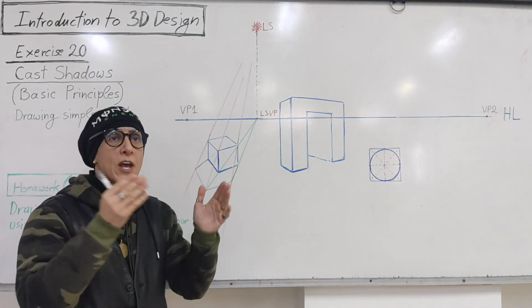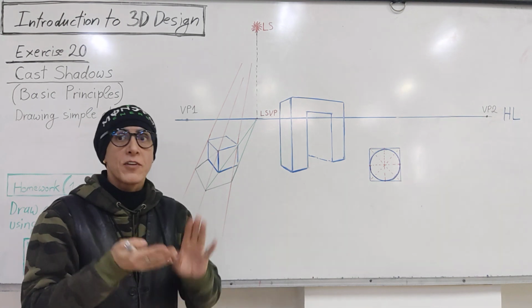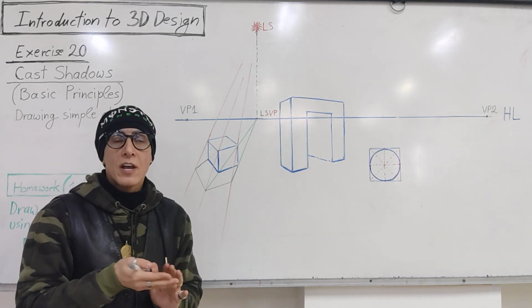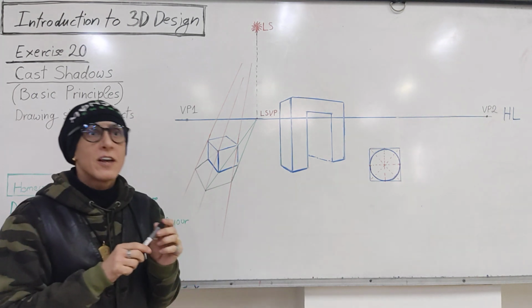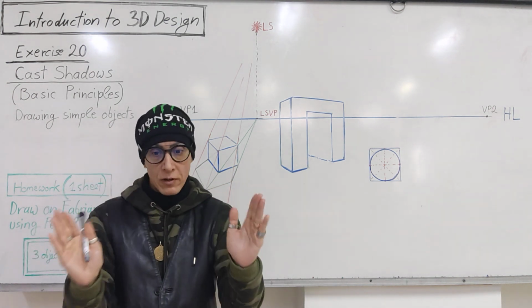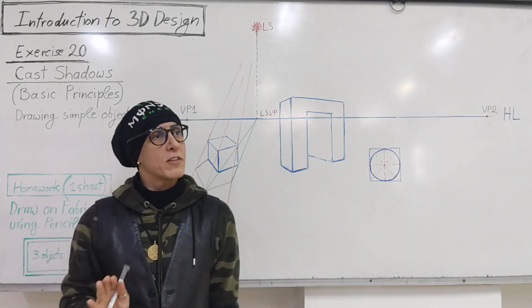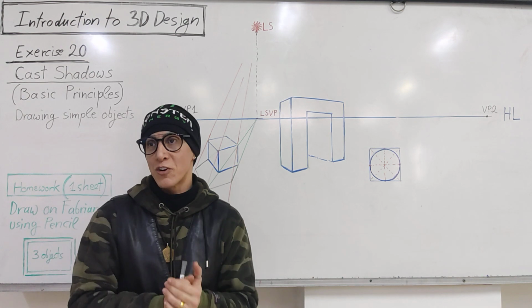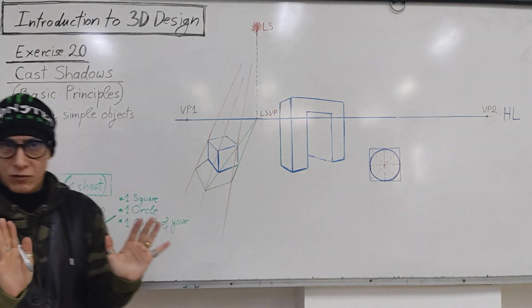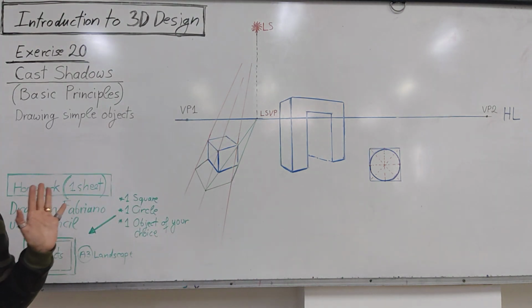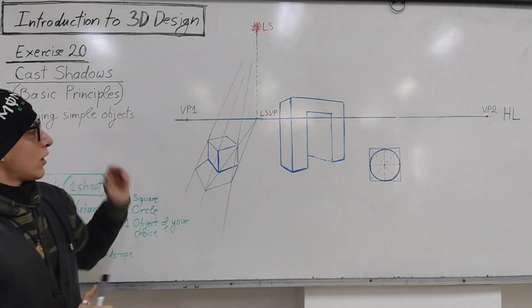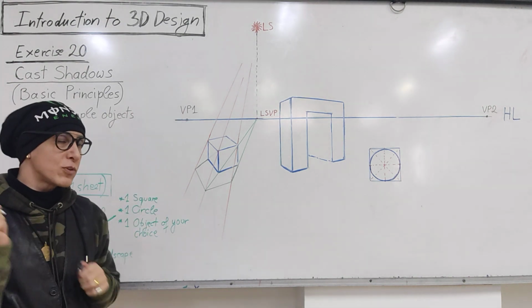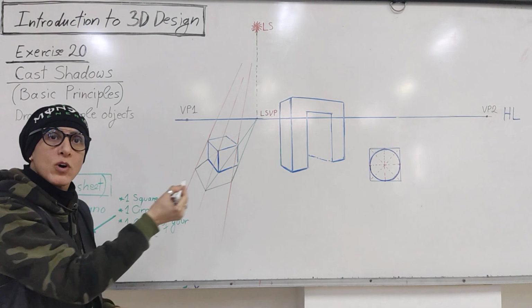Everybody's light source and shadow will be a different size, in a different location. Why am I saying that again? If I see two drawings the same, 100% the students copied from each other, okay? So just be careful about this point. It's impossible to have the same drawing. Now, we have not finished with the shadow. We need to hatch it.